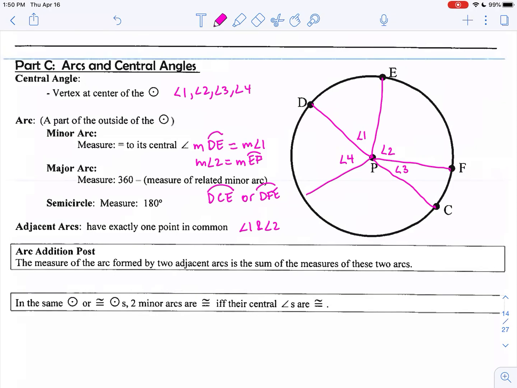So for example, the measure of arc DF is equal to the measure of the two adjacent arcs, which would be the measure of arc DE plus the measure of arc EF.